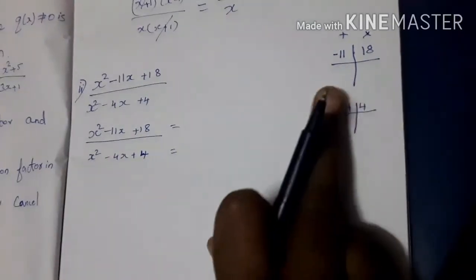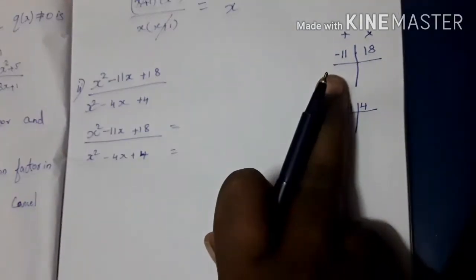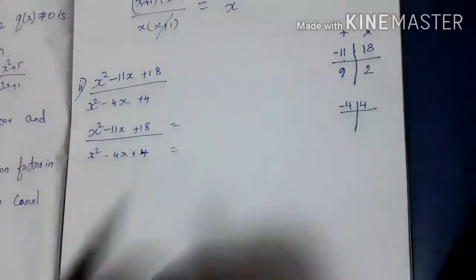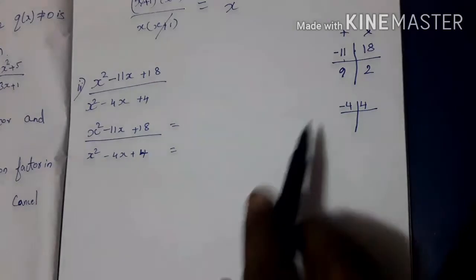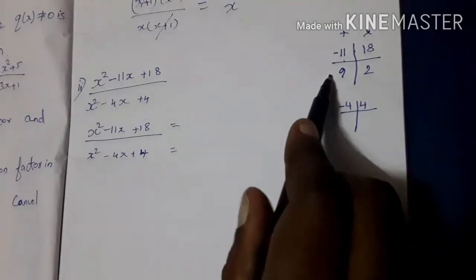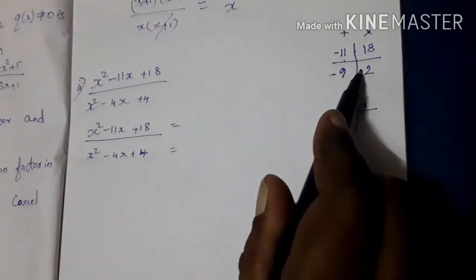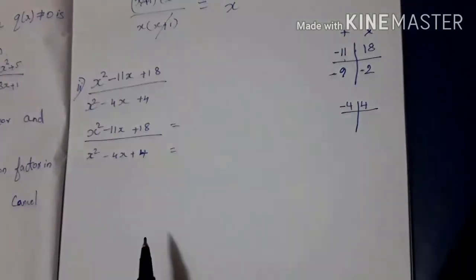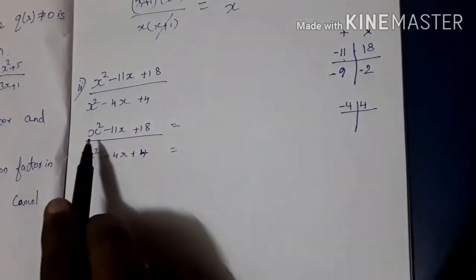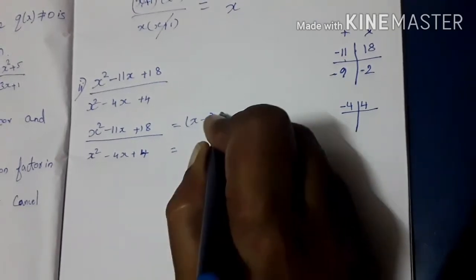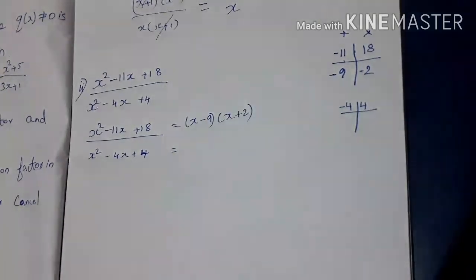What numbers are there? 9 twos are 18, and minus 9 minus 2 gives minus 11. So the factorization of x square minus 11x plus 18 is (x minus 9)(x minus 2).